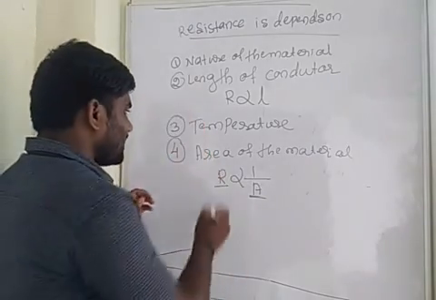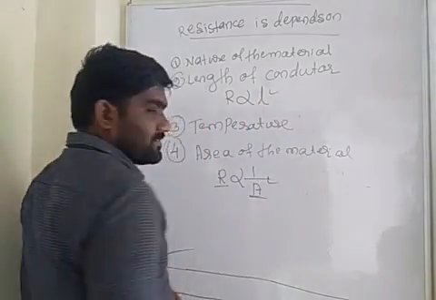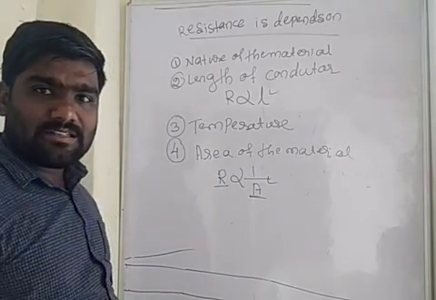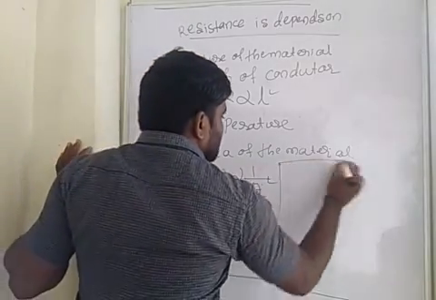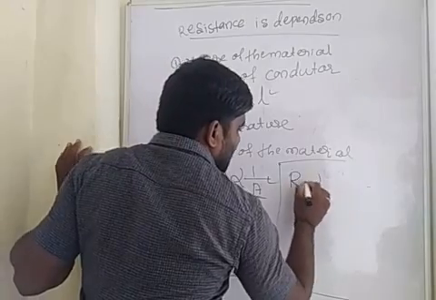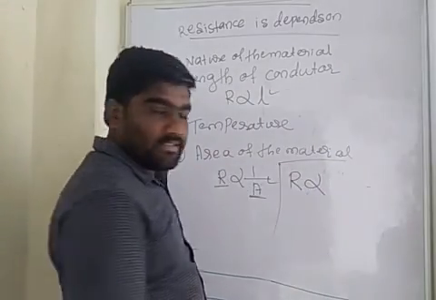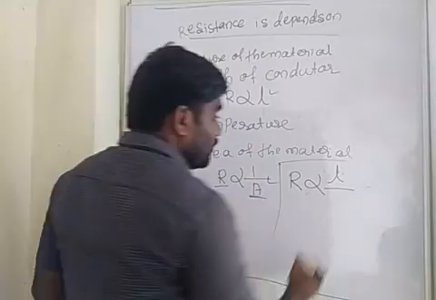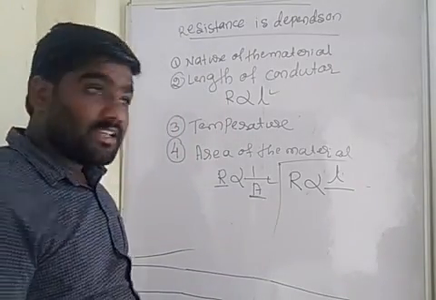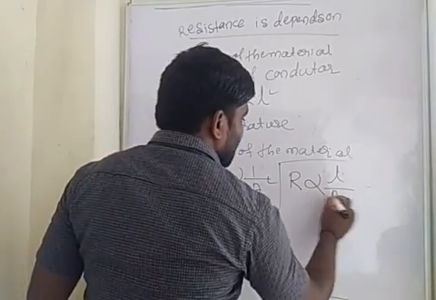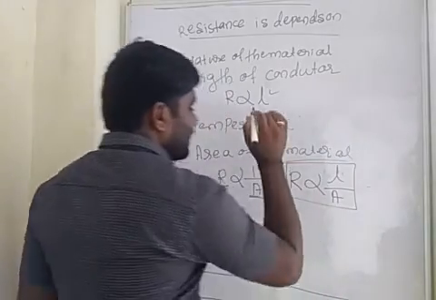One more factor. See here, by using these two equations, shall I write one more equation? Resistance is directly proportional to length and inversely proportional to the area of the conductor.